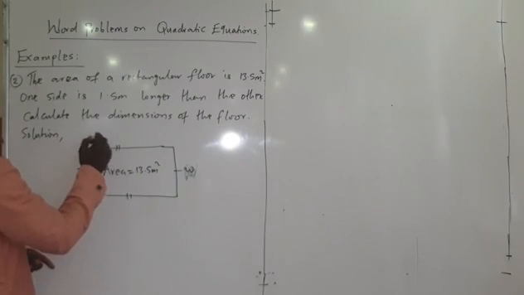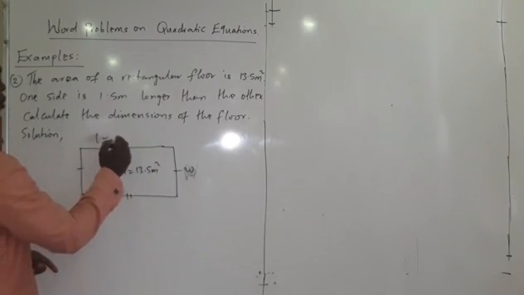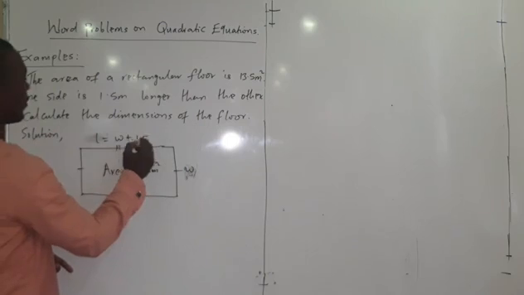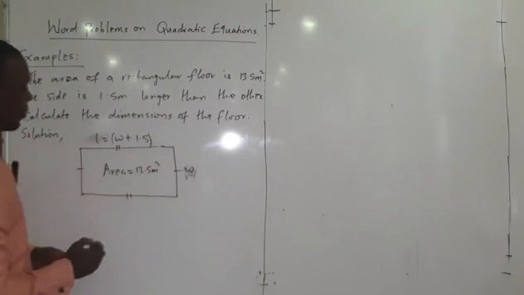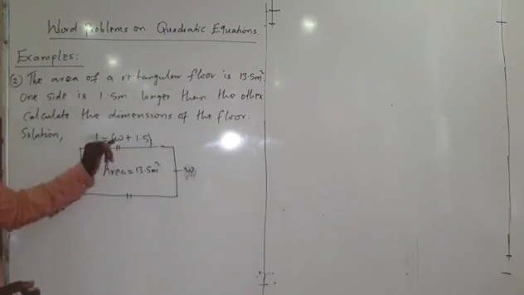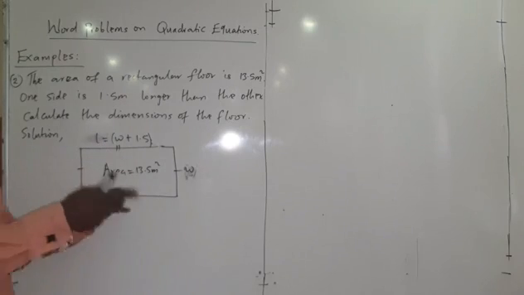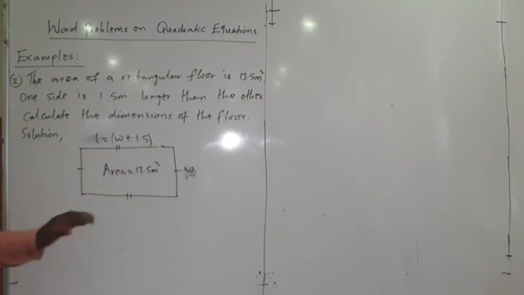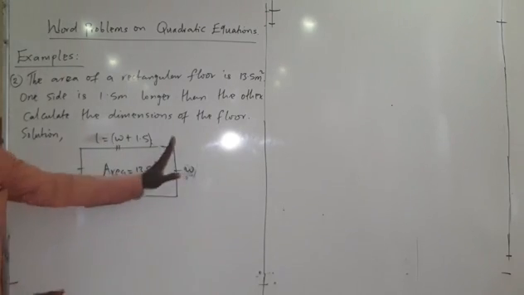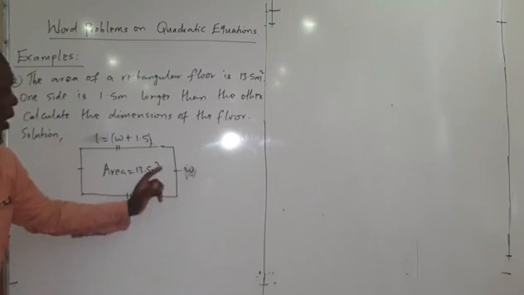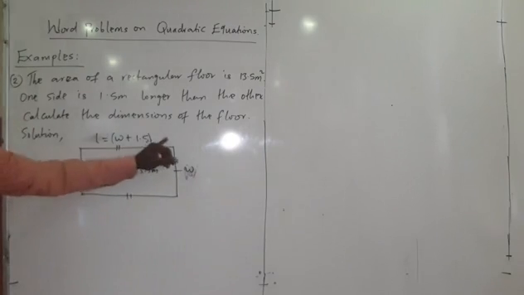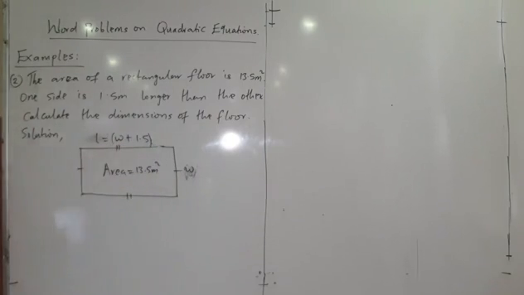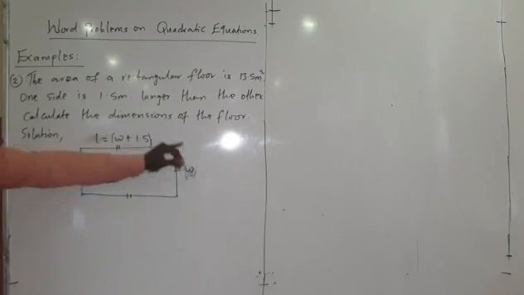So the length equals W plus 1.5 meters. It means if the width is 10, then the length will be 1.5 more than 10, that is 11.5. So here now, the width is W, which is the shortest side of the rectangle, while the longer side is W plus 1.5. So the question now says calculate the dimensions of the floor.